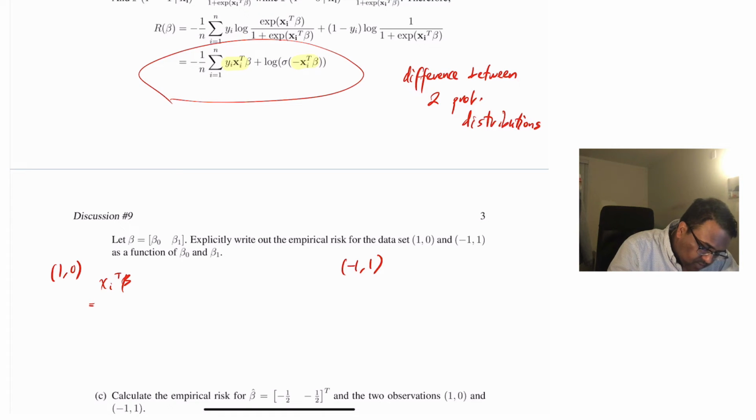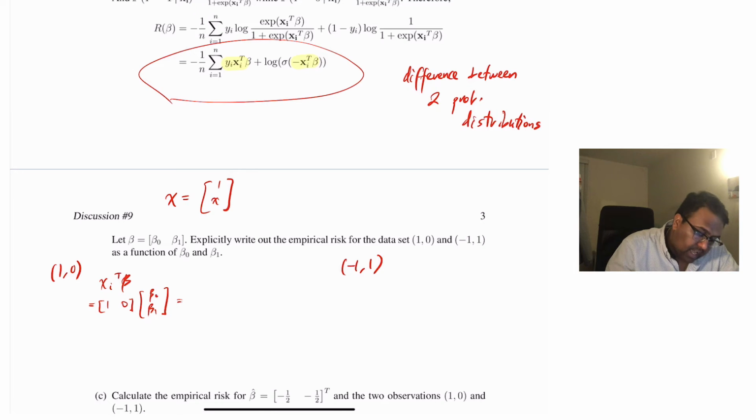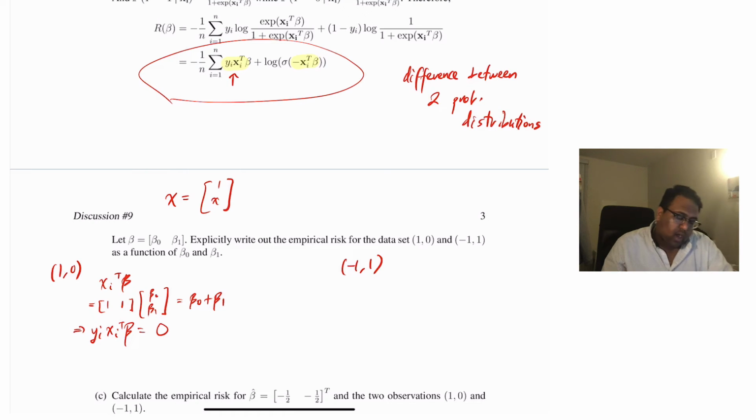In this first point, remember the vector x is 1 and the scalar x. So here we have 1, 0, and beta being beta naught, beta 1, which tells us xi, this should be a 1. So xi transpose beta is just beta naught plus beta 1. So first we need yi xi transpose beta, which in this case is 0 because yi is 0.